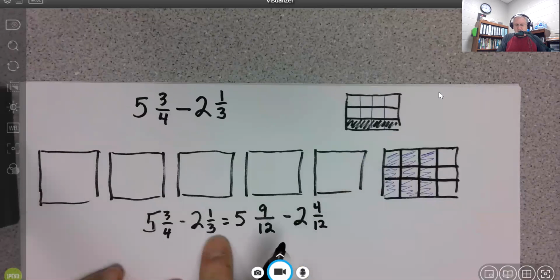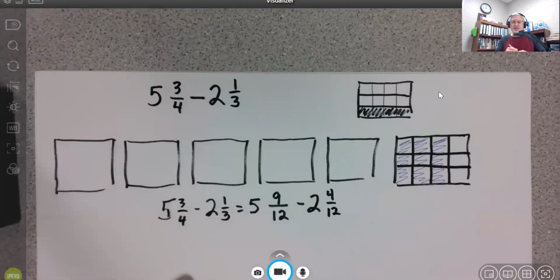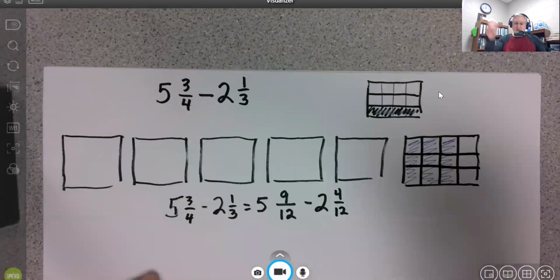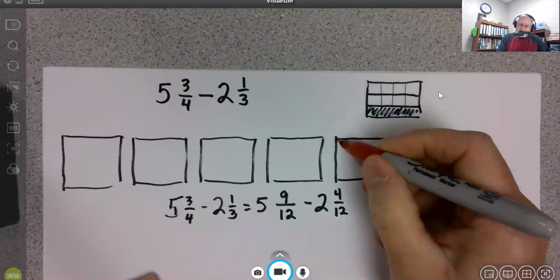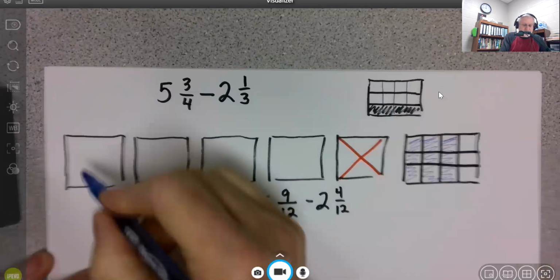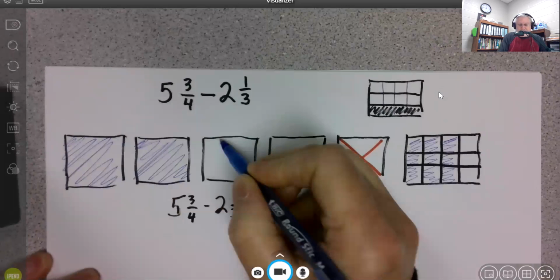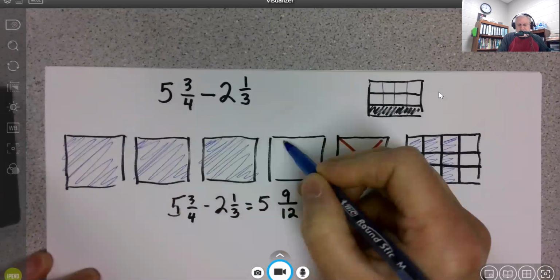So I know that 1/3 is equivalent to 4/12. Now I can go ahead and subtract. And again, you see that I'm using a different color. This kind of helps me. Oh, one thing I forgot to do was shade in these wholes to represent that they're wholes, so I'm shading them in.